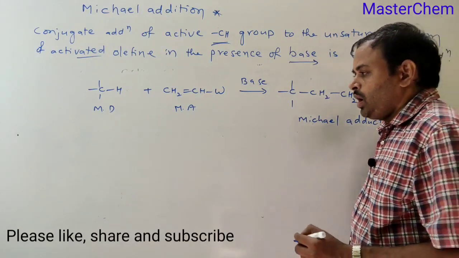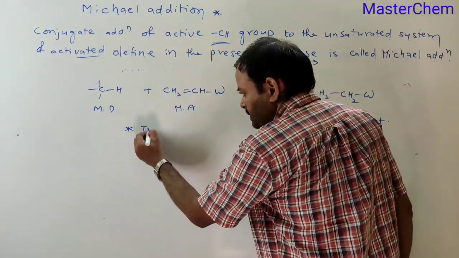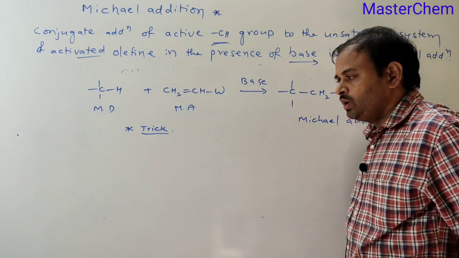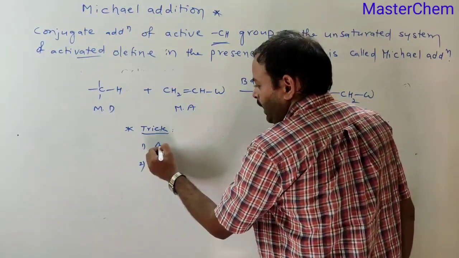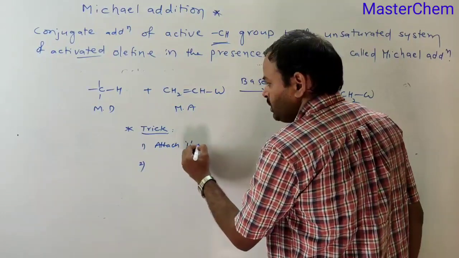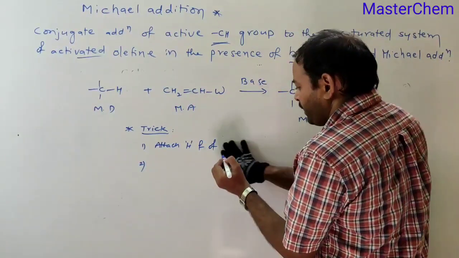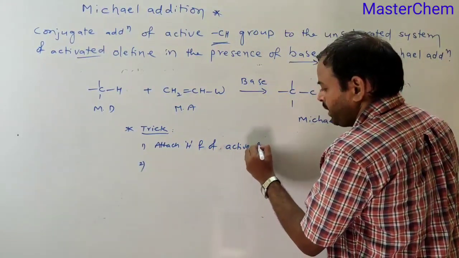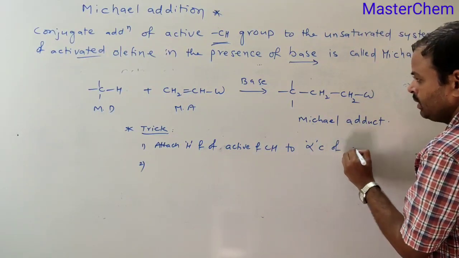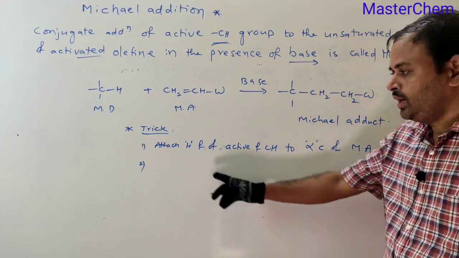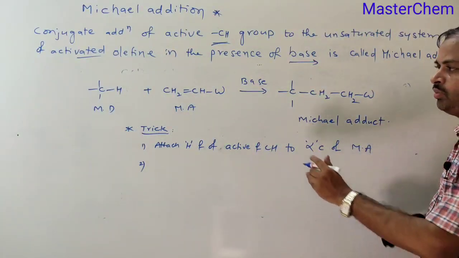Okay, so how do we write the product? There is a simple trick to write this product. Just remember these two points. First, attach the hydrogen of the active methylene (CH2) of the Michael donor to the alpha carbon of the Michael acceptor.